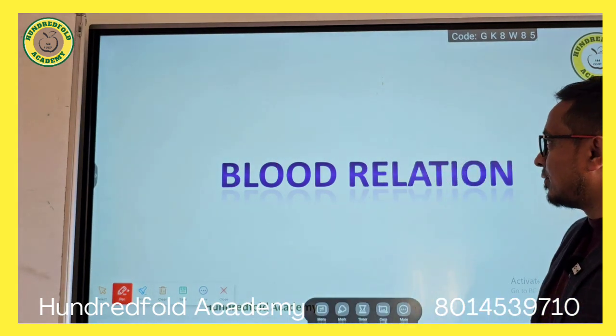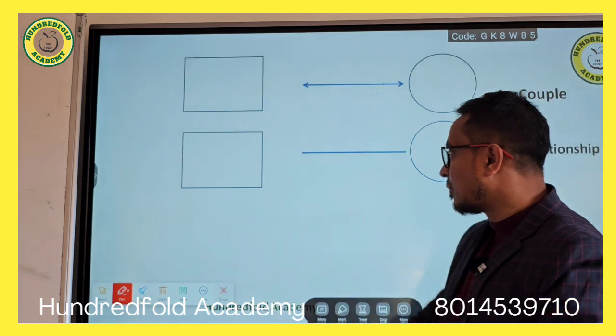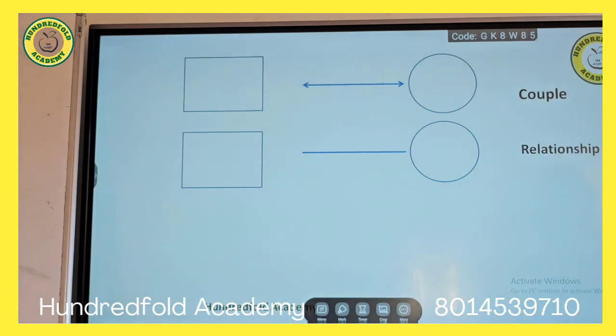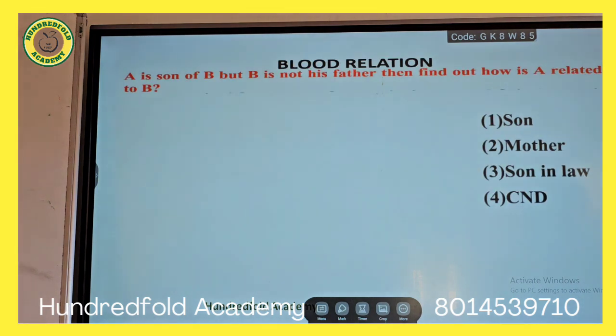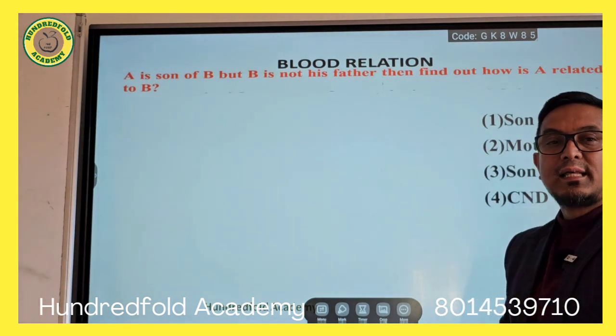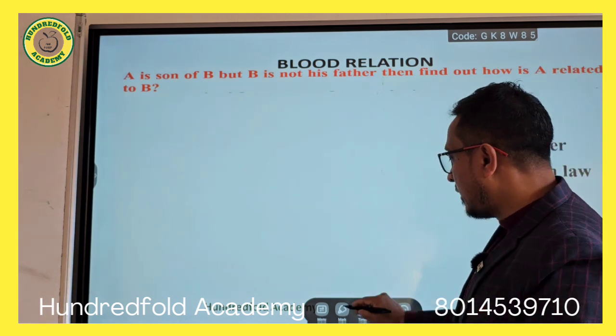Let's take one question. As I said, male, female, couple, relationship, right? It says A is the son of B. So son would be what? Square, right?